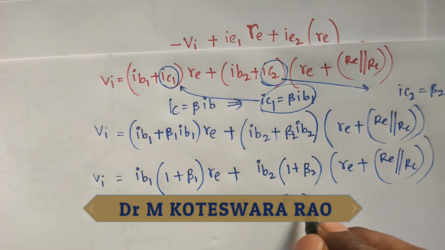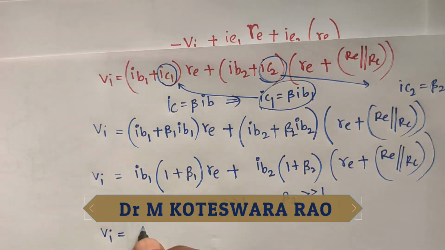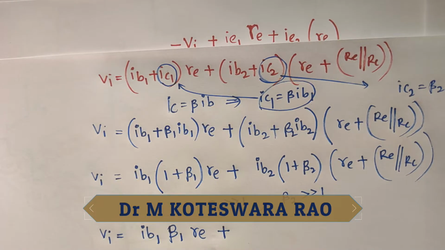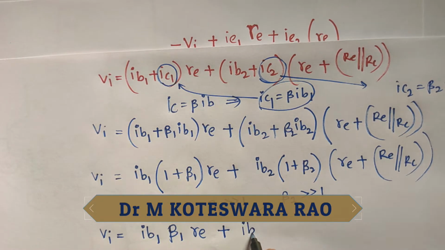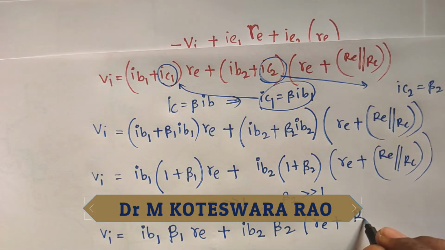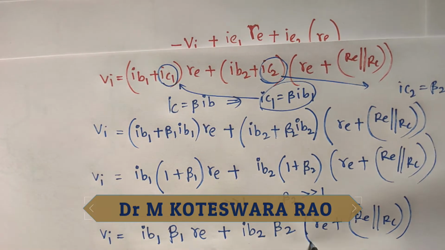Similarly, beta 2 value is also very, very greater than 1. Finally, VA is equal to IB1 into beta 1 RE plus IB2 into beta 2. So you can neglect the 1. And RE plus RE is parallel with RC. This is the final function.